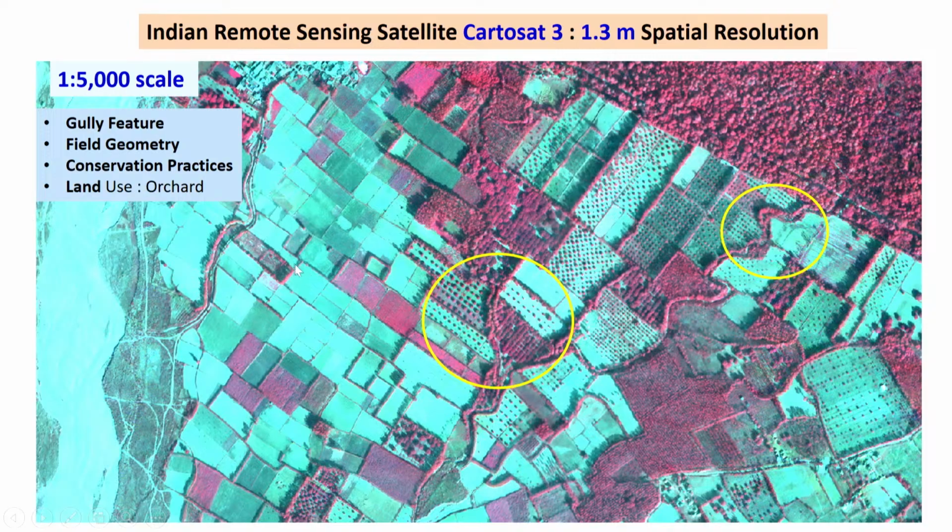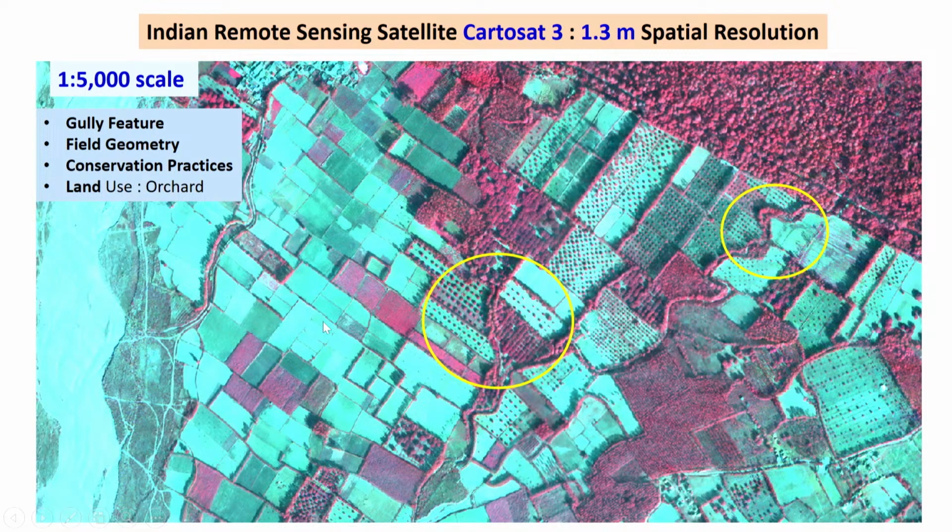All red color means vegetation, and on surfaces having no vegetation, red, infrared and green radiation will be reflected in almost equal amounts, so they will appear as a white stone or greenish stone.